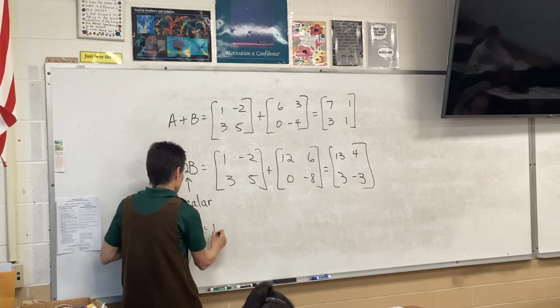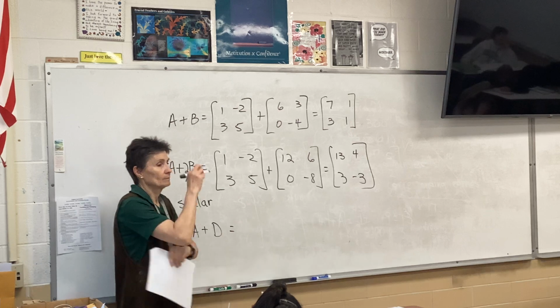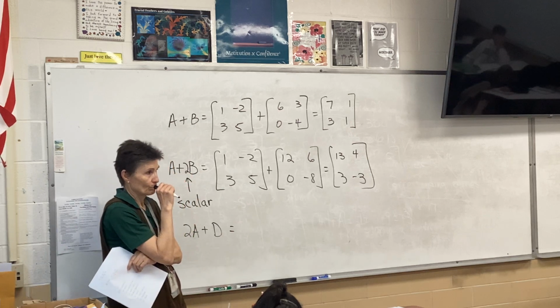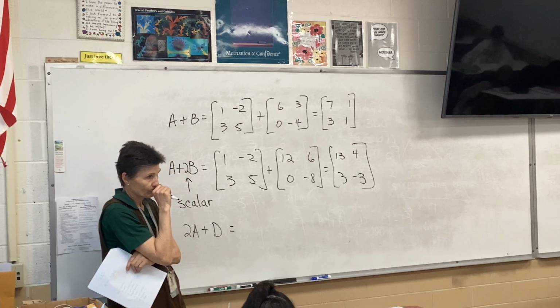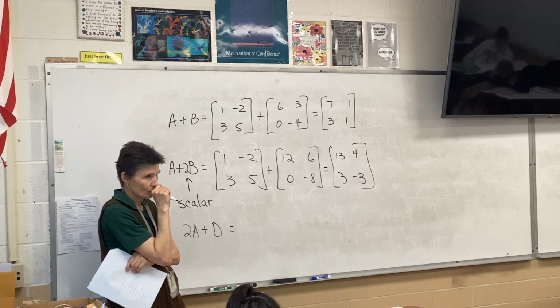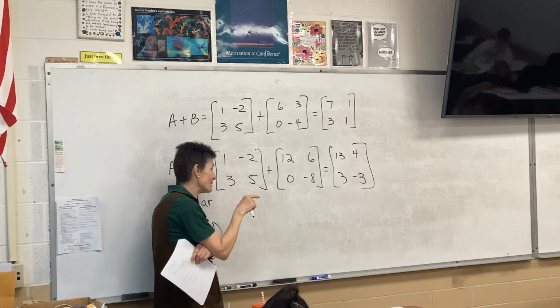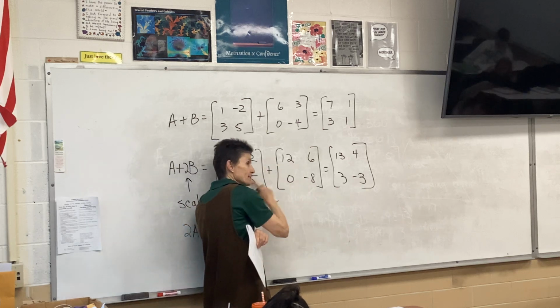2A plus B. Does this bother you? What bothers you? Well, they're not the same size, so I'm not going to be able to match these entries up to add them.